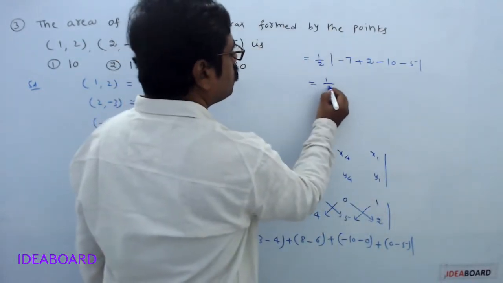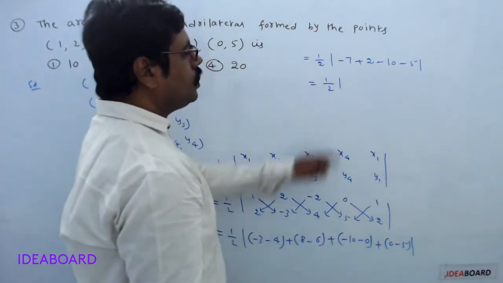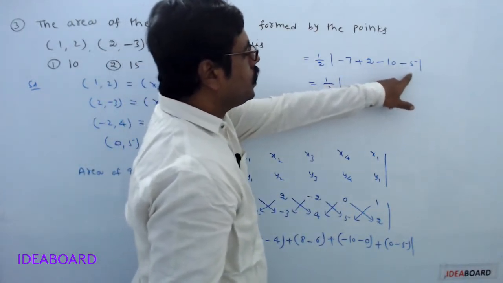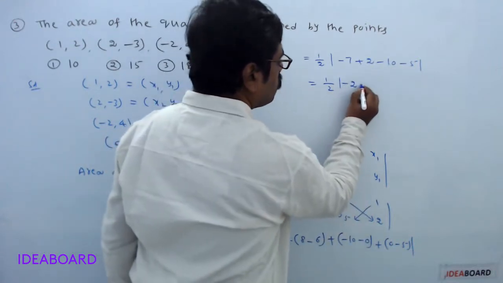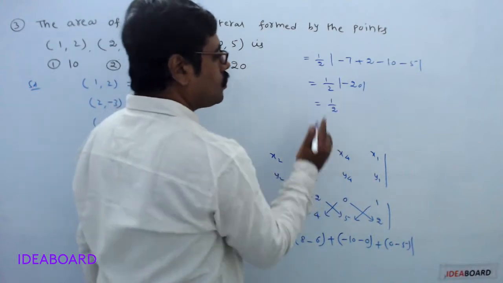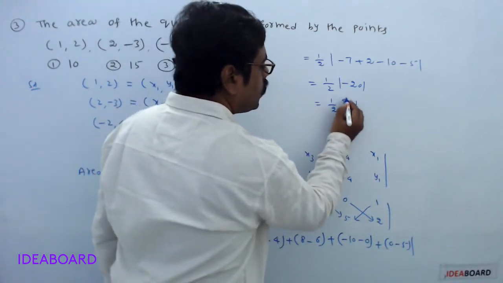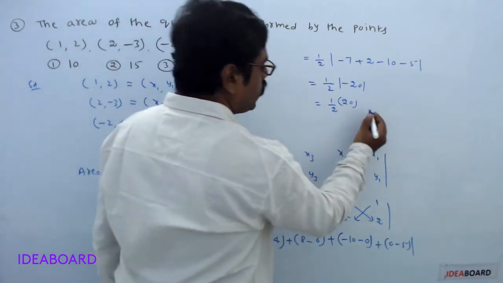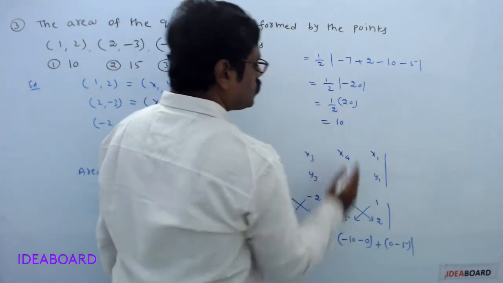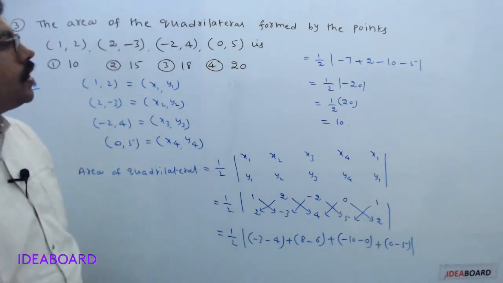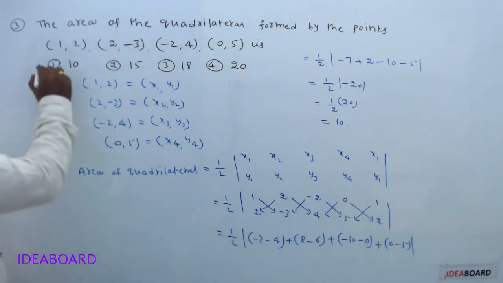Now this equals half modulus of minus 7 plus 2 minus 5 minus 15 minus 20. So this equals 1 by 2 into modulus of minus 20. It will be plus 20. Now 2 will be cancelled in 20, 10 times. So therefore area of quadrilateral equals 10 square units. So your answer is the first option.